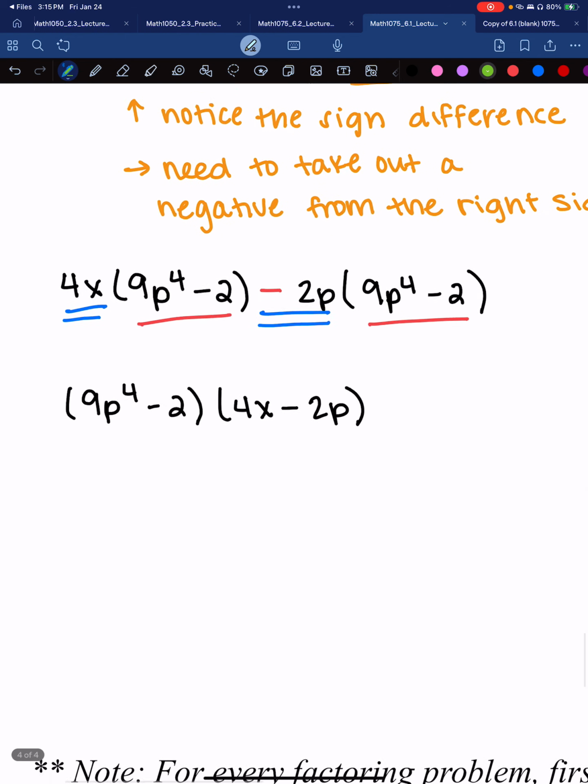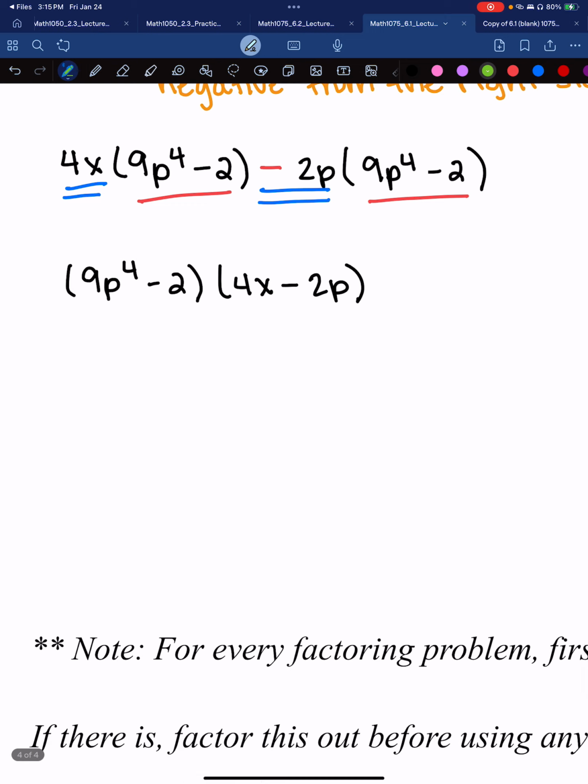We have one last step in this one. So you always want to double check that you can't divide both terms by anything else. So 9 and 2 don't share any common terms because 9 is divided by 3 and 3, and 3 doesn't divide 2. So this right hand side is done.